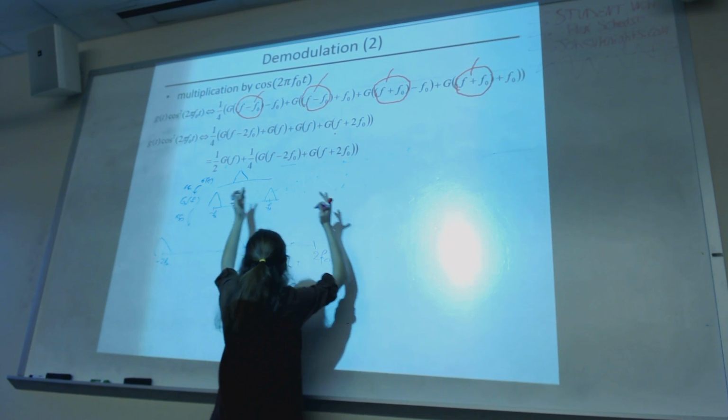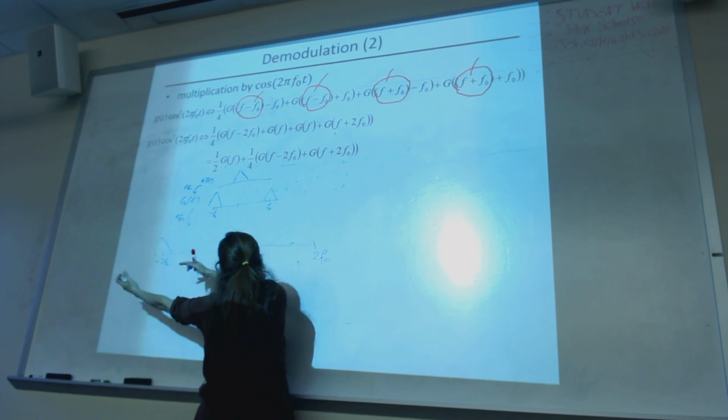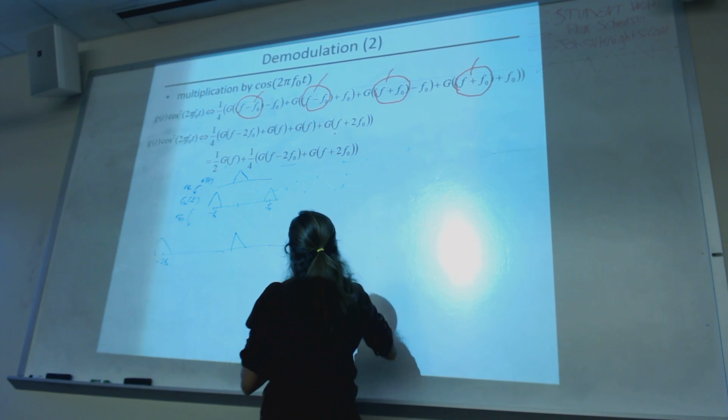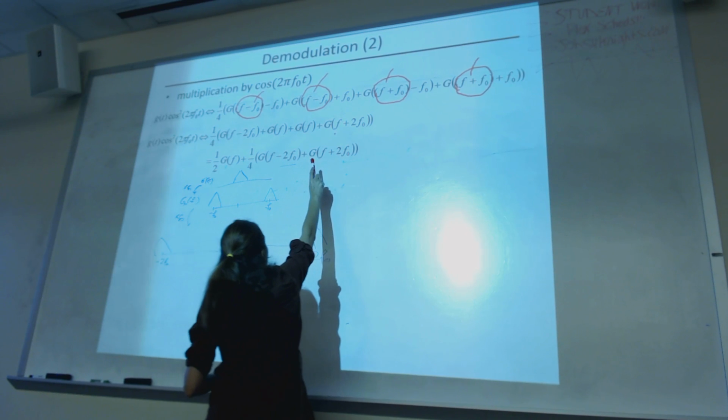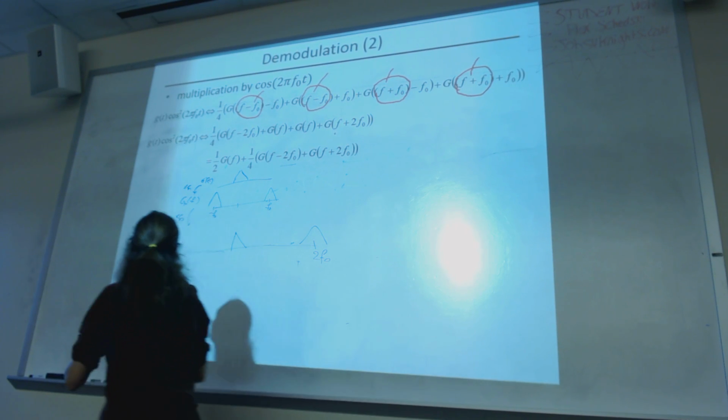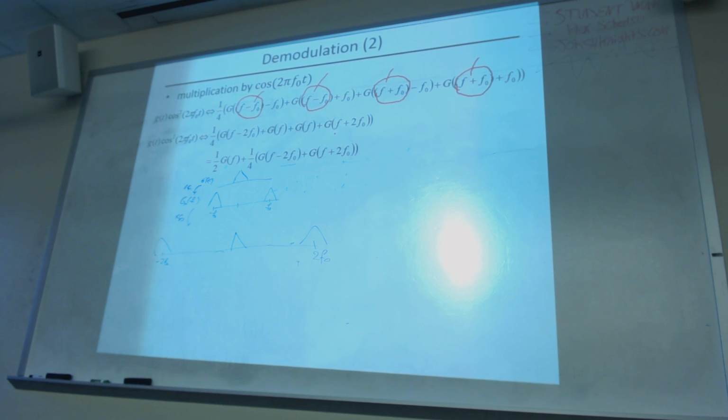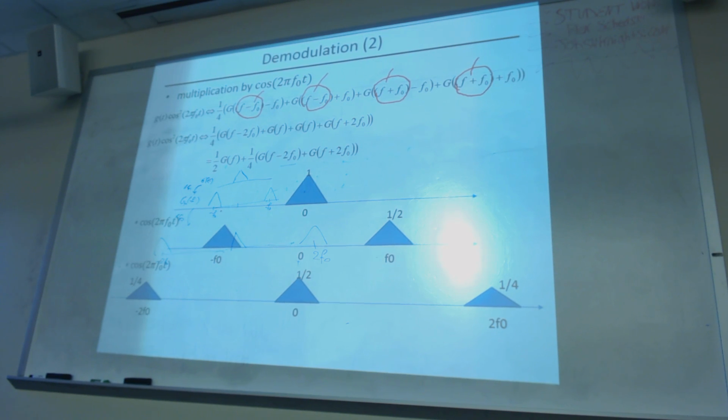Shift this to the right, shift this to the left. That's how you get 4 terms: G of f, G of f minus 2f naught, G of f plus 2f naught. Any question here?